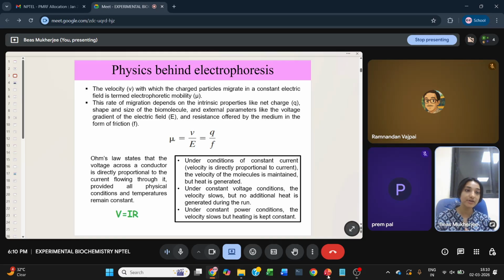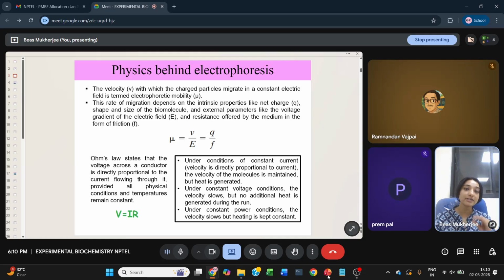We know about Ohm's law, we have studied that in school, and a lot of you might have studied this in your college. It tells you that whenever a voltage is applied across two different places, current flows and there is a resistance that is offered.